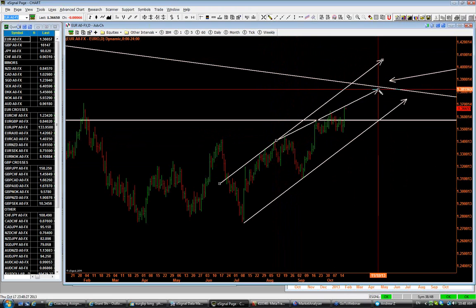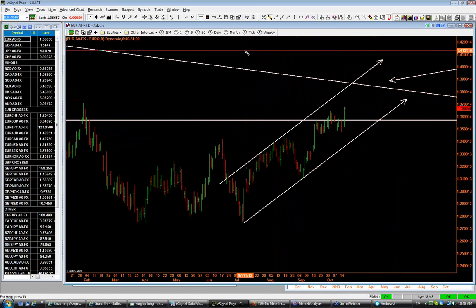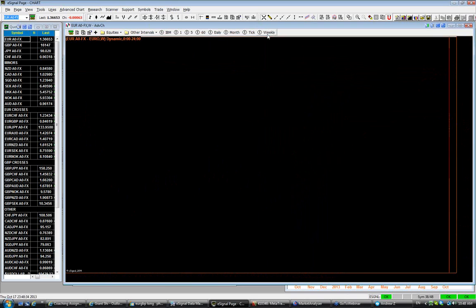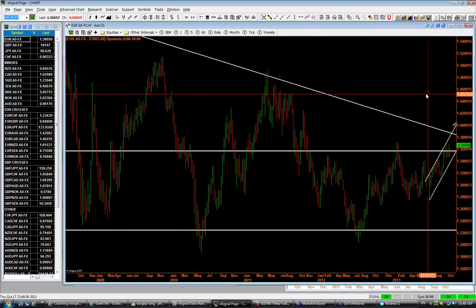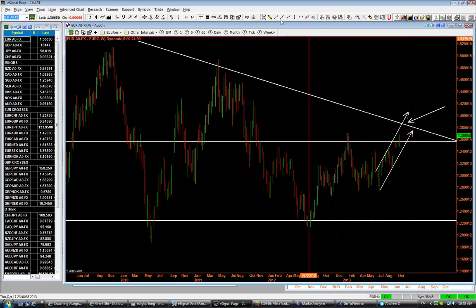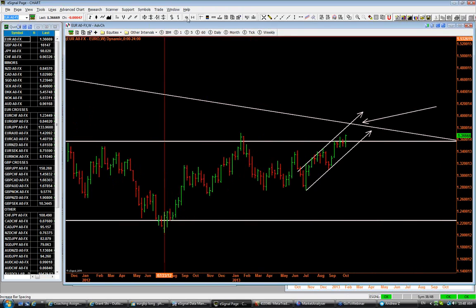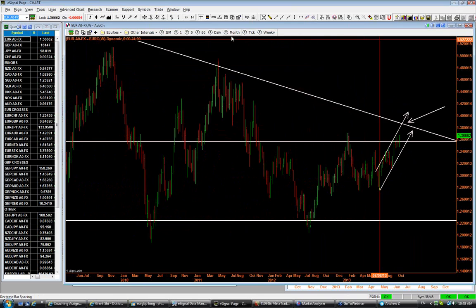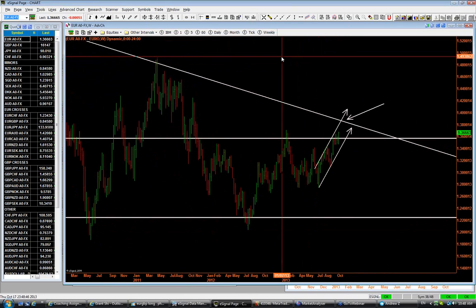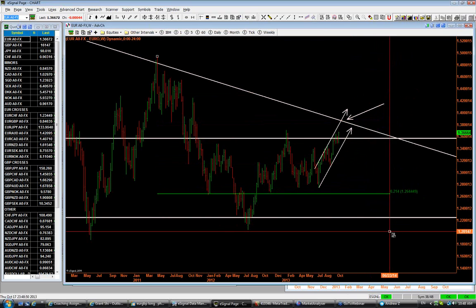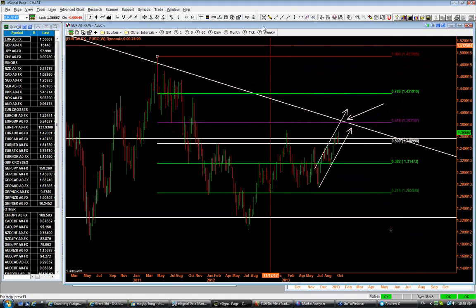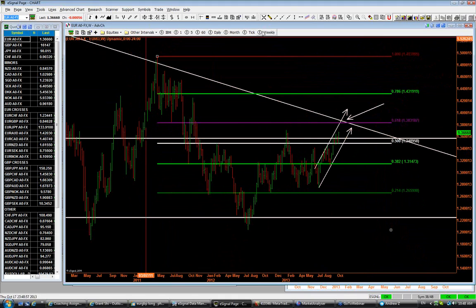Maybe you can just draw the trend line, get touches here, but just keep my horizontal. Back to the weekly. Where's my Fibonacci? Maybe I have removed it already. Just bring the Fibonacci again. Okay, that's the weekly.